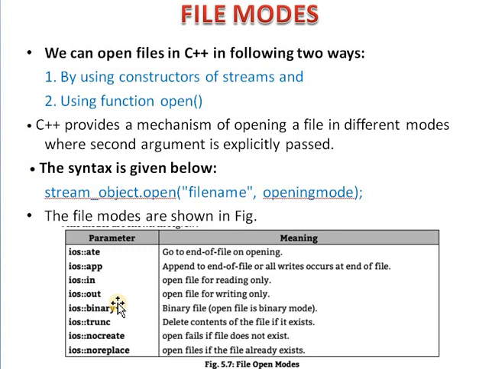Then the next one is ios::app. It sets a pointer to the end of file, first, similar to ate, but it adds the data to the end of file. By using app access mode, or app file mode, we are going to add the data to the end of that particular file.